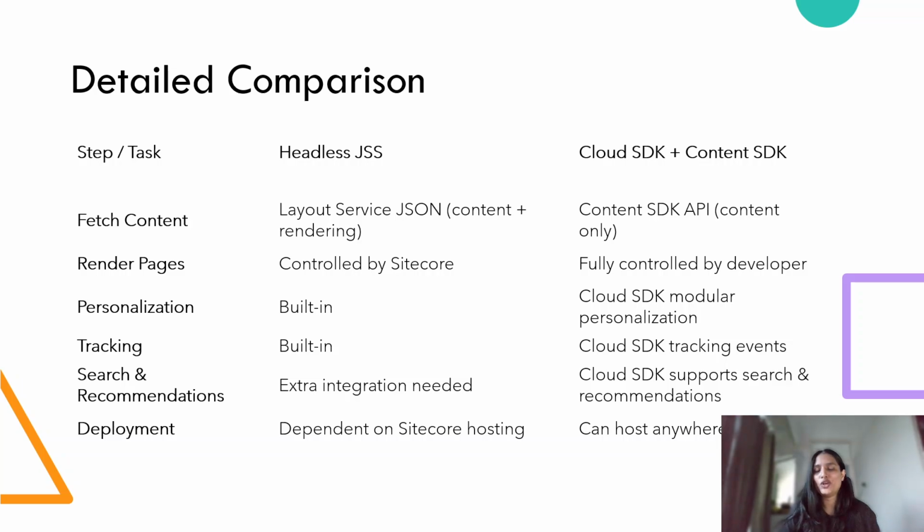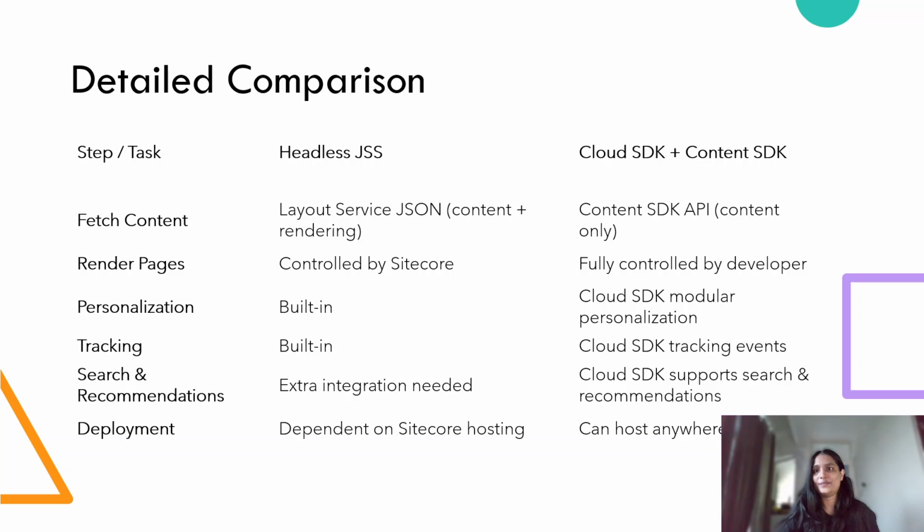But if we compare the steps, with the Content SDK and the Cloud SDK we can easily deploy our application independently from Sitecore. So this is the detailed comparison that I have observed while working with the Content SDK and the Cloud SDK.